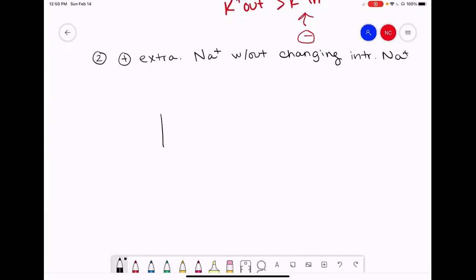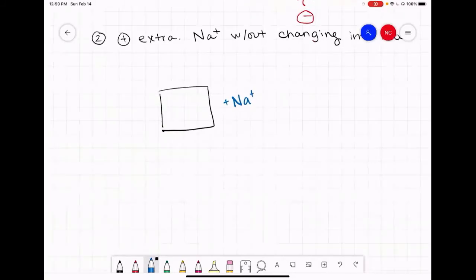Right, so we've got our cell again, and we are saying let's add more sodium on the outside, which is where it naturally thrives, right? That's where we have the highest concentrations. So if we are adding sodium to the outside, it has a natural concentration gradient to pull inside the cell, right?